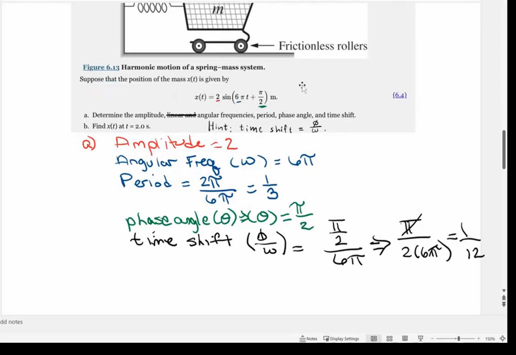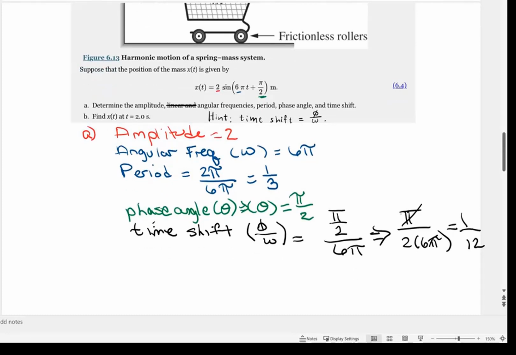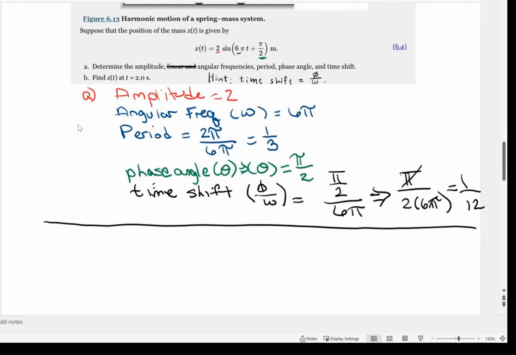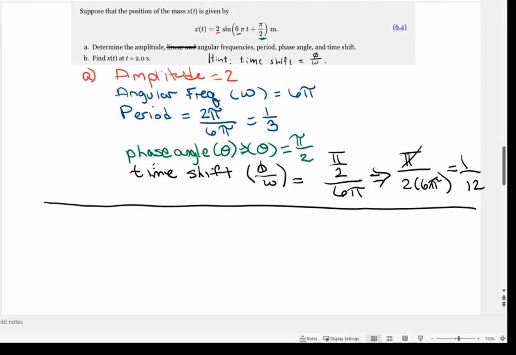Okay. Now, for B, let me do B. Okay, so B says find x of 2 seconds. This is x of t, so basically at t equals 2.